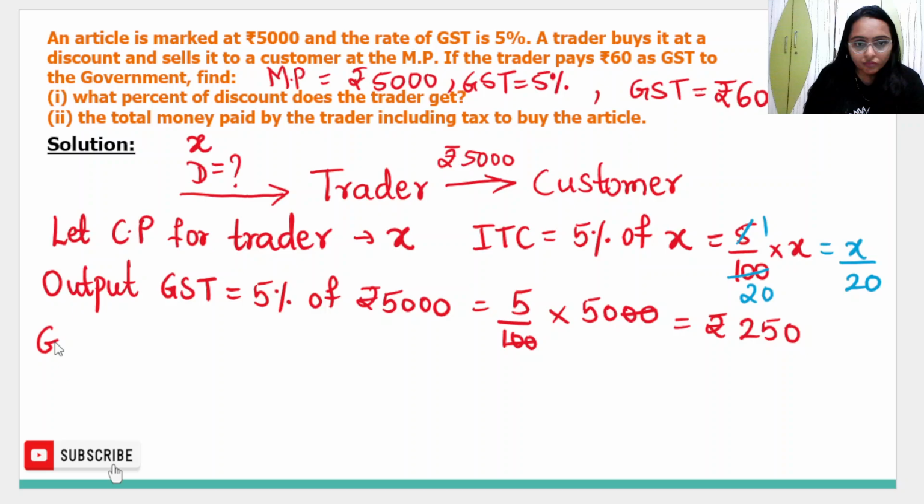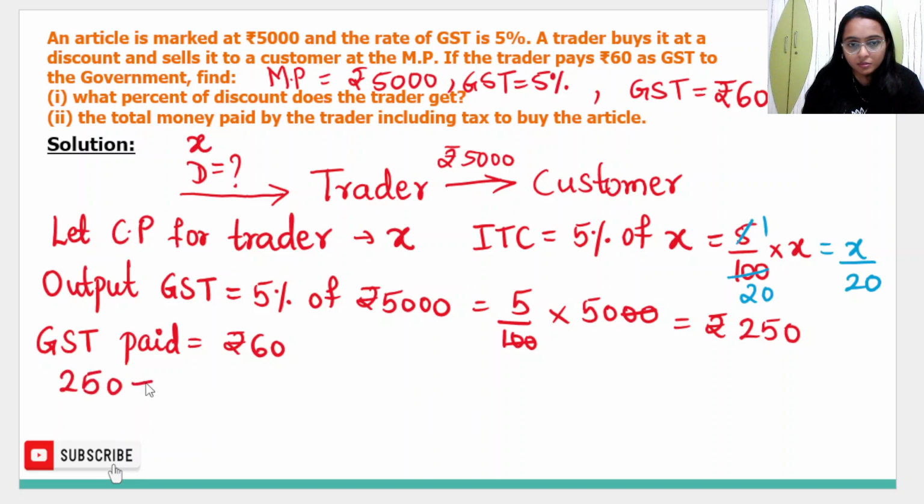Now we know that GST paid to the government by the trader is given, 60 rupees. So GST paid, what is the formula? Input GST and output GST we take into consideration. So that is output GST 250 minus input GST, which we have found in terms of X, so X upon 20 equals 60.